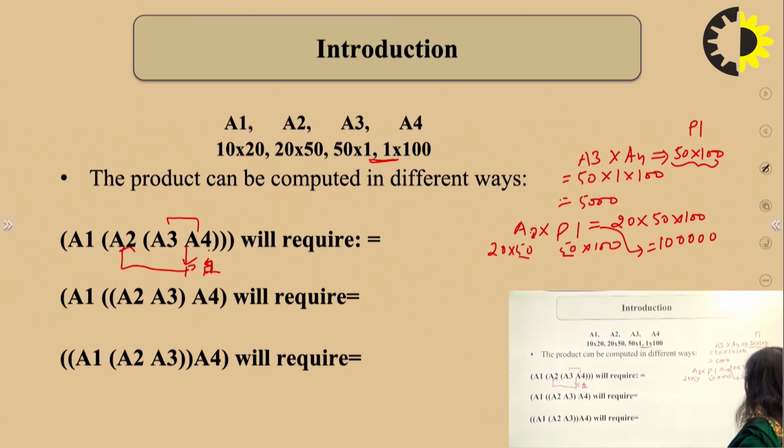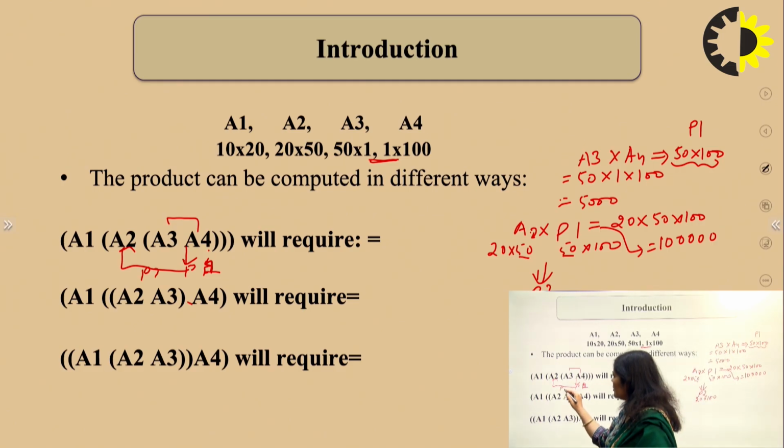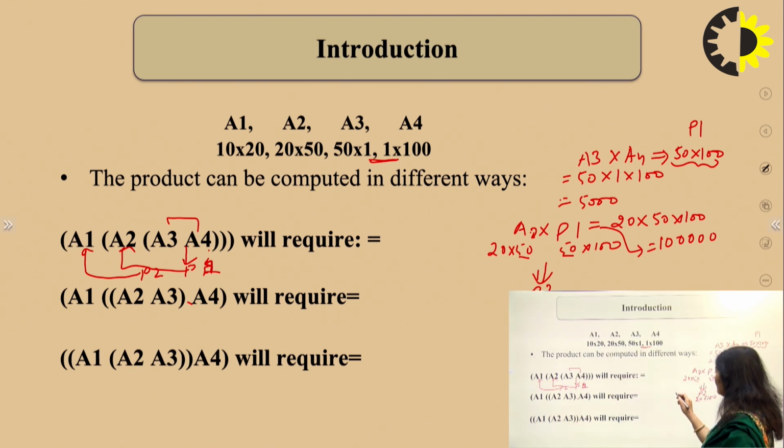When you multiply these two, a product comes out, which is called P2, and P2 has a dimension of 20 cross 100. Now I need to multiply this product P2 with A1. A1 has dimension 10 cross 20.